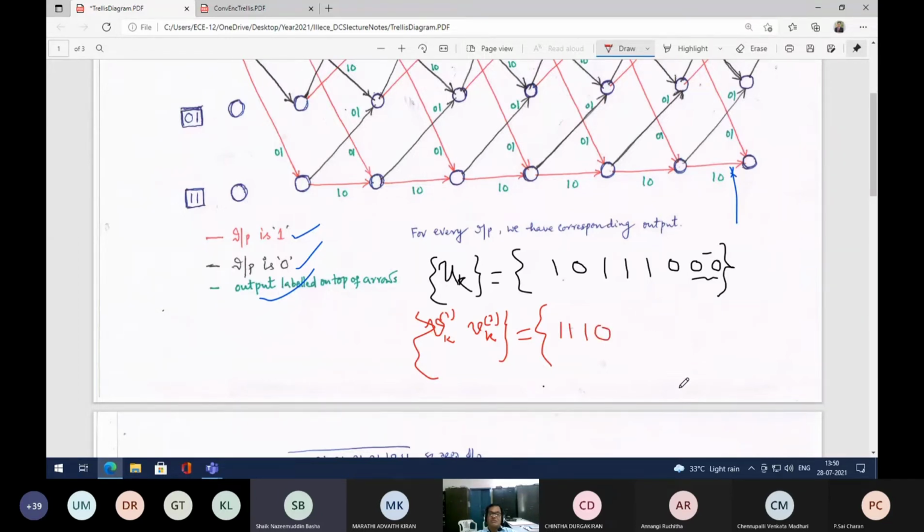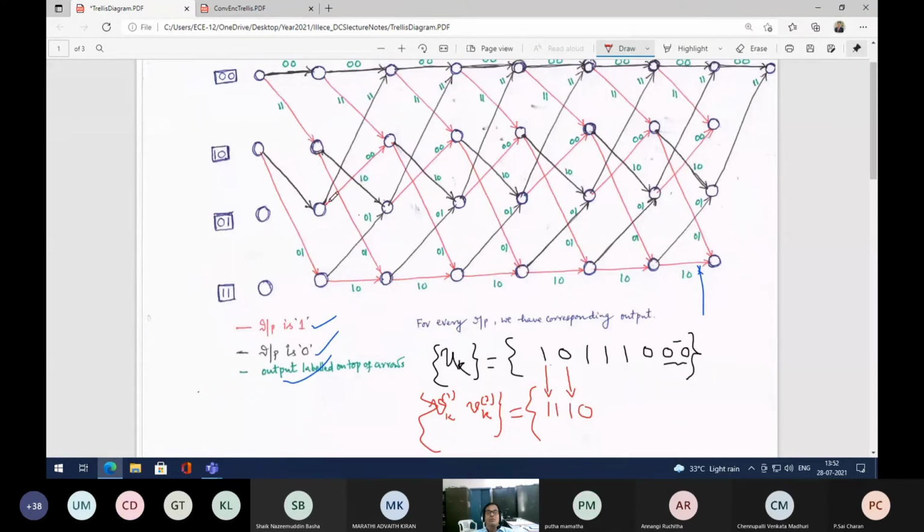Someone else can give me the answer. See, follow this path. 1 1. Let me use a different color.